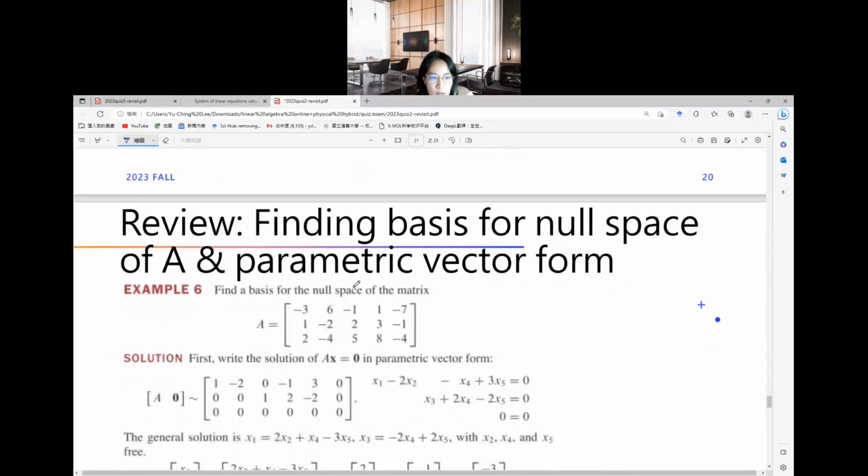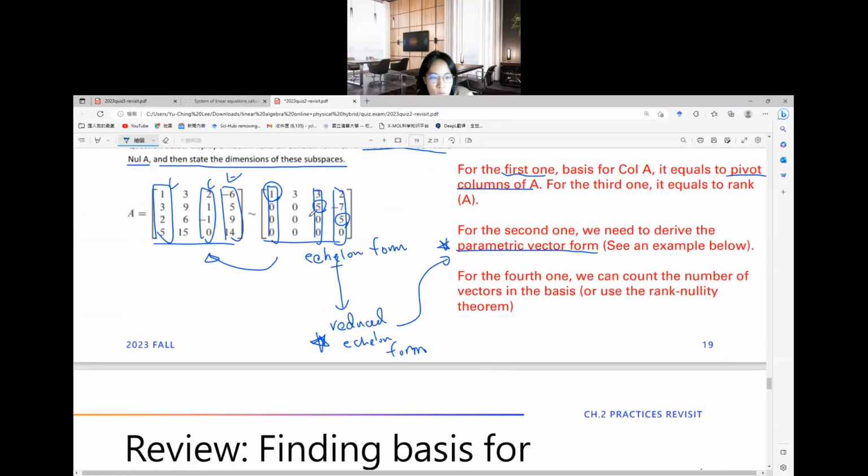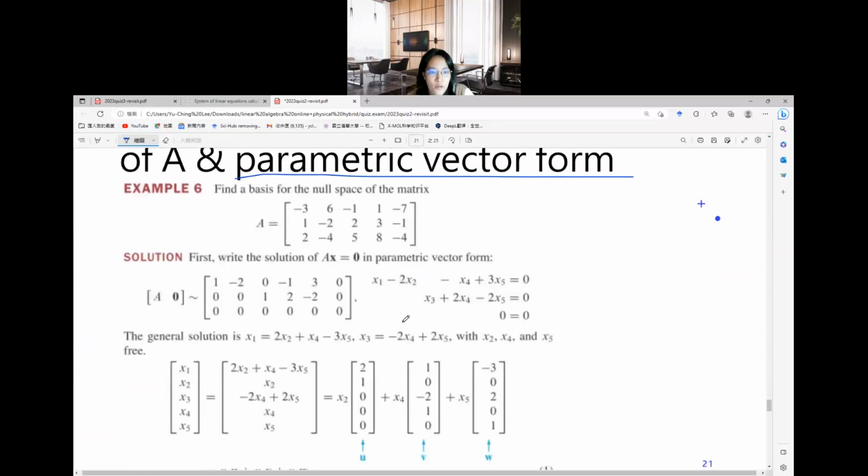How do we find a basis for null space of A? We briefly mentioned parametric vector form, and also the reduced echelon form. We say that we need to continue our row operations in order to bring the echelon form to a reduced echelon form. And this example shows the detailed process of it.